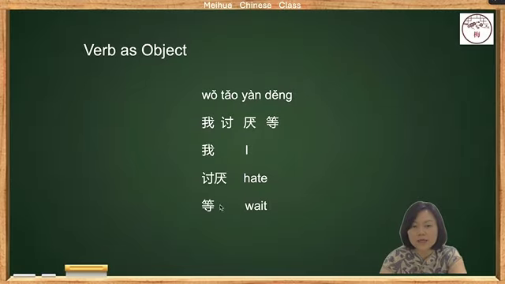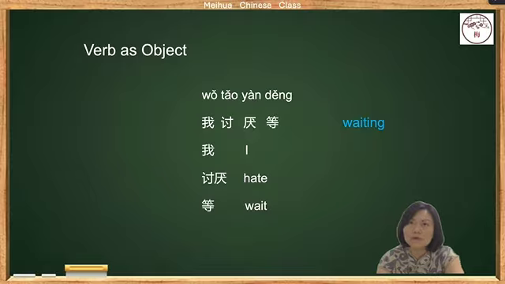But what can we do to put a verb as the object of an action in English? Still, we should change the verb to its noun form, or to the -ing participle form, right? For wait, there is no noun form, so we can only use the -ing form.